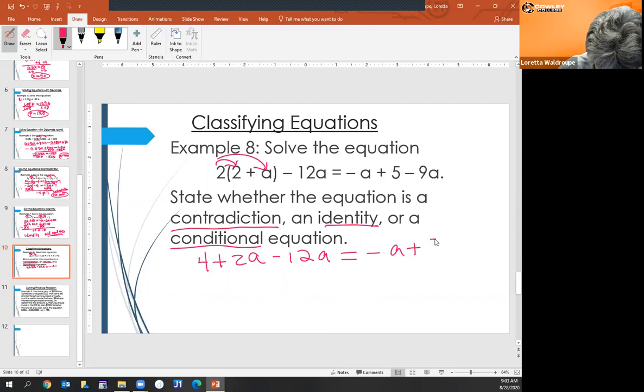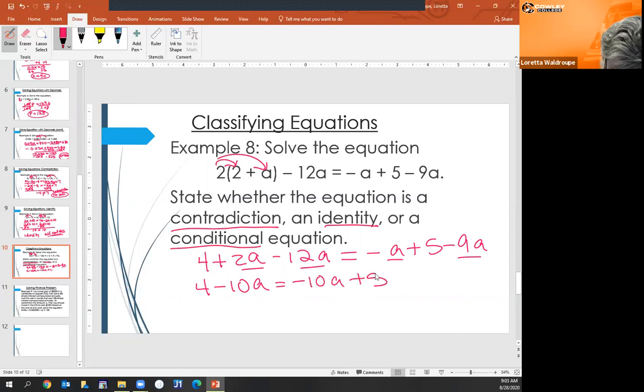Negative a plus 5 minus 9a. Combining my a's on each side. So I have 4, 2 minus 12 is a negative 10a. Negative a minus 9a is a negative 10a. Add 10a to both sides.